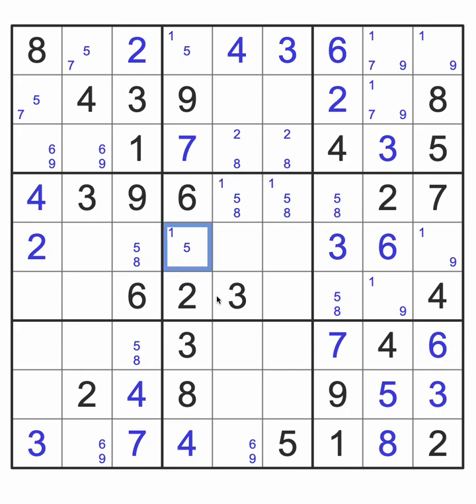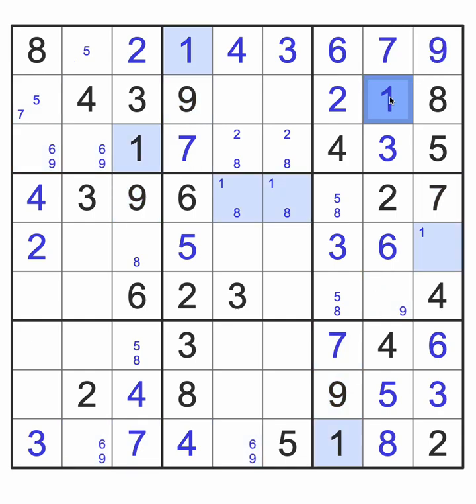And that means I cannot place 1 in this cell, because 1 will be either here or here. That means this cell is 5, and that gives me 1, 9, 7, 1, 5, 7, and 1, 9, 8, 5.